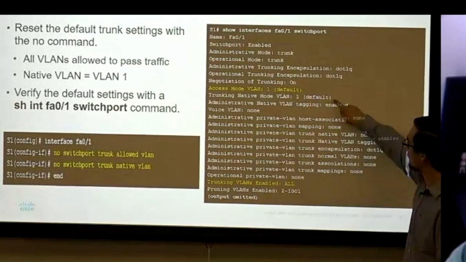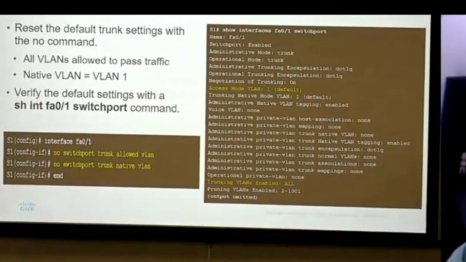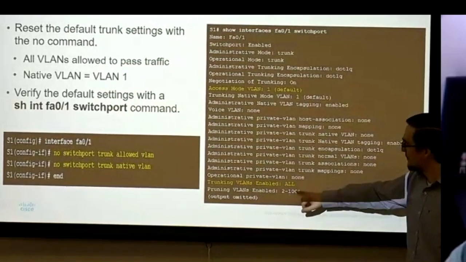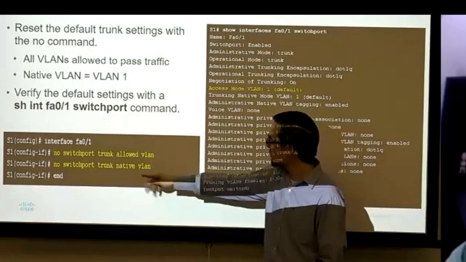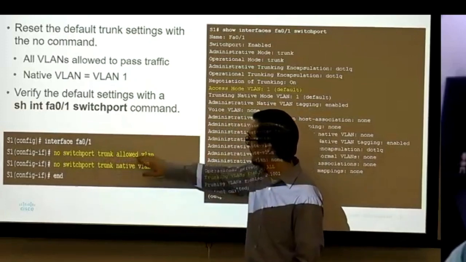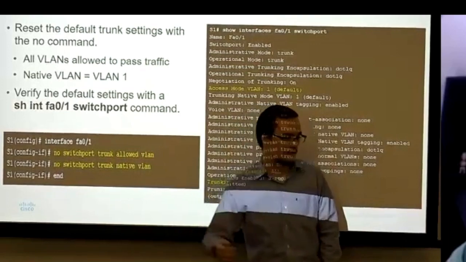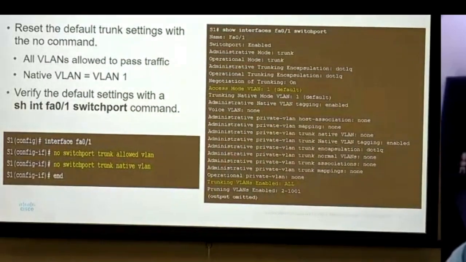Yep, so it's back at default. And then, the fact that they're doing this implies that they did switchport trunk allowed VLAN 1 through 10, comma 12, commas and dashes. That's how you specify single VLANs and then ranges, stuff like that.